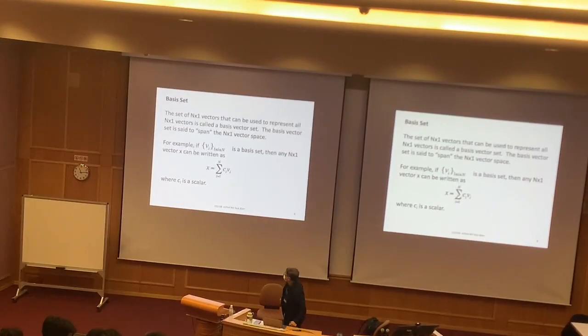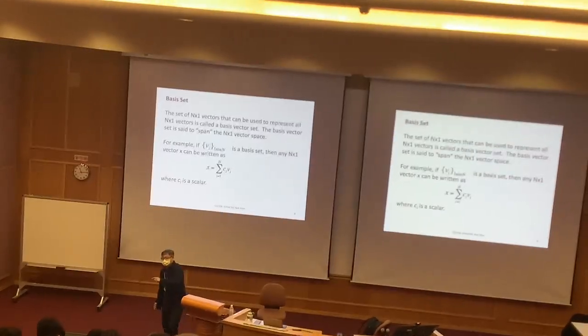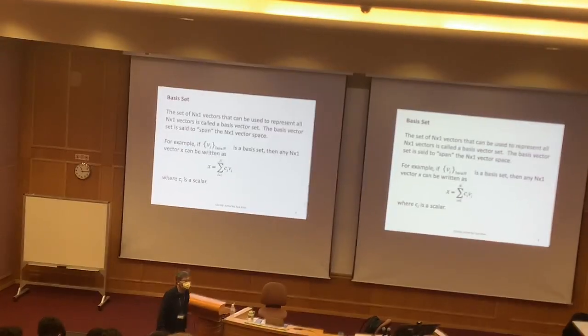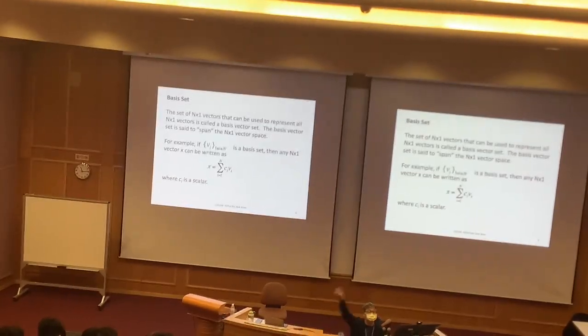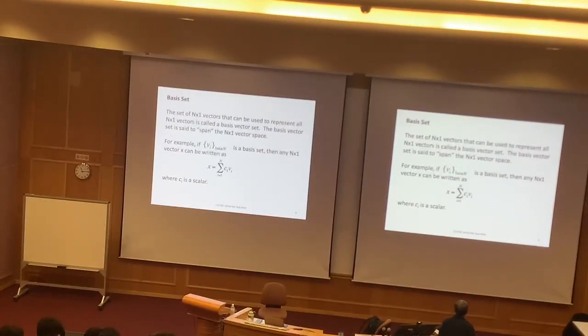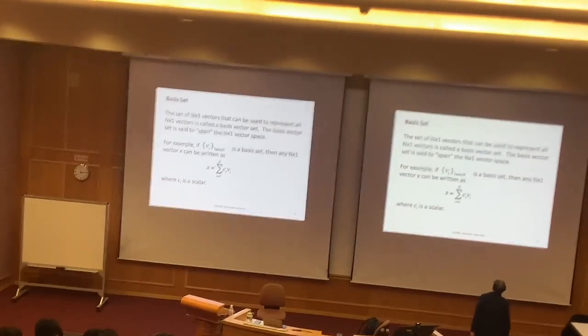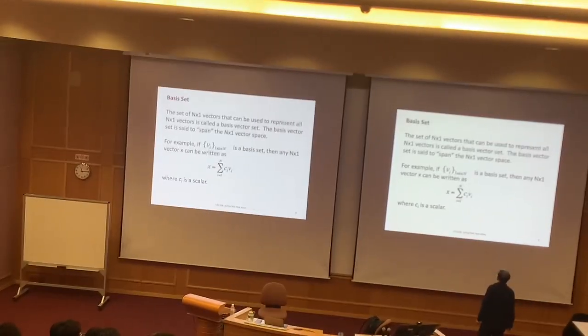The word you have to get used to is span. Span means it can represent, it can occupy the entire space, understand? So the set of n by 1 vectors that can be used to represent all n by 1 vectors is called a basis vector set.